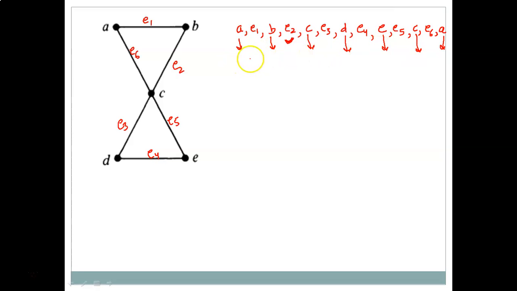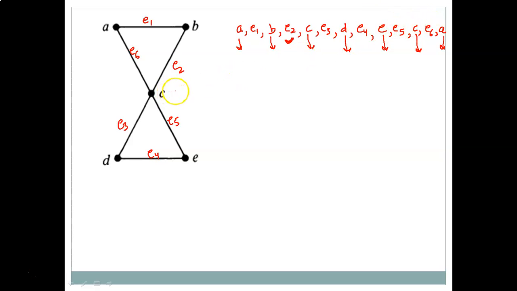And in this journey, we have traversed through each of the edges exactly once. You can see here that the edge E1 is appearing once, E2 is appearing once, E3 is appearing once, E4 is appearing once, E5 is also appearing once, and E6 is also appearing once.